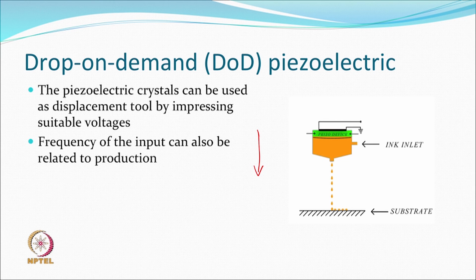Here, the piezo crystal may be, let us say in this case, put at the top of the reservoir and it pushes just enough so that the same amount of liquid goes out, and the moment the liquid goes out, this goes back, and from another point which may be connected, more ink can get into the reservoir.